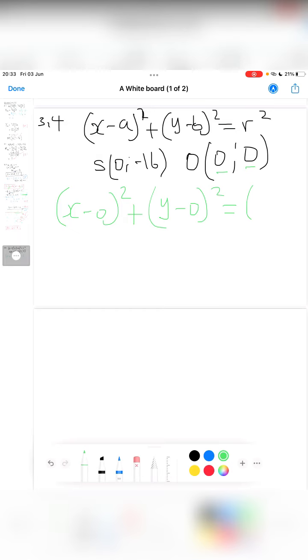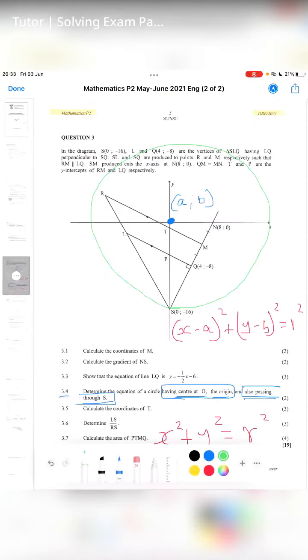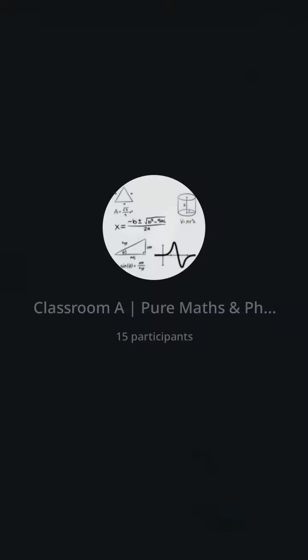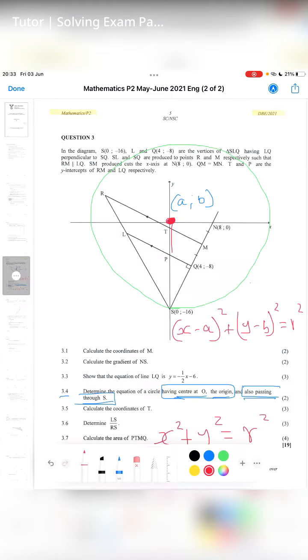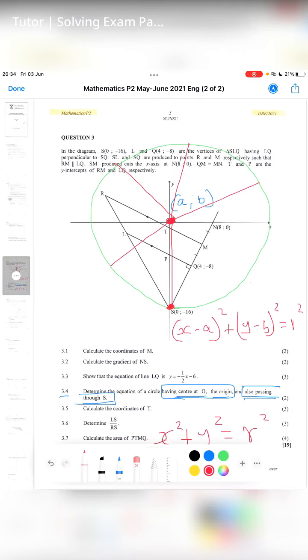So r is the radius. Let me try to explain something there so that you understand what r is. R, LB, is the distance from the center all the way up to the edge of the circle. So a radius can also be that line, it could be that line, it could be that line, as long as it's from the center radiating towards the edge of a circle.